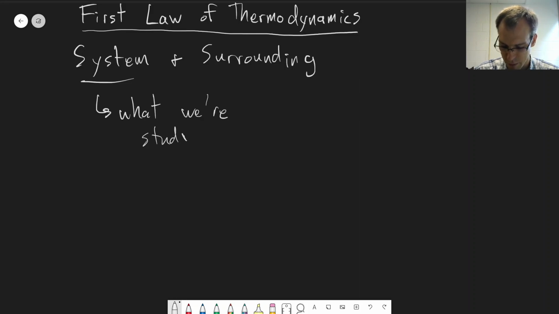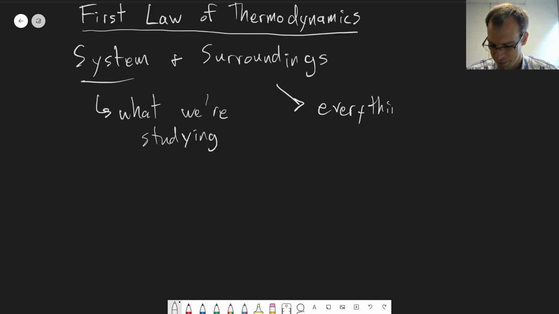So maybe this is a reaction mixture, maybe this is a piston, but whatever we're interested in. And then surroundings are everything else, literally everything else. The entire rest of the universe. Generally, we just mean the things close by, or the only things that are going to matter.